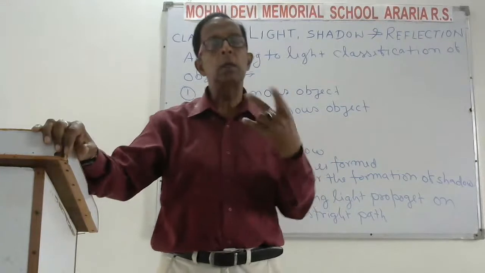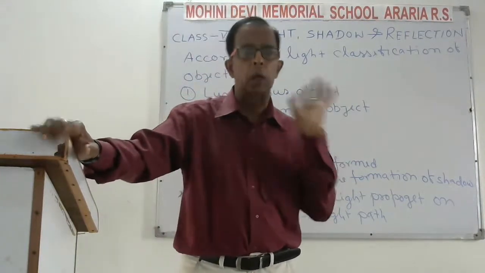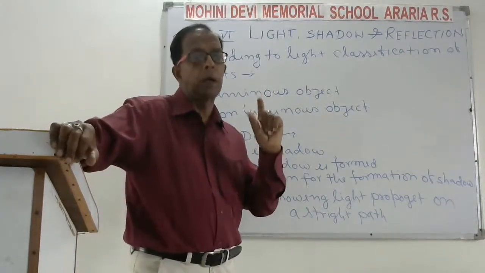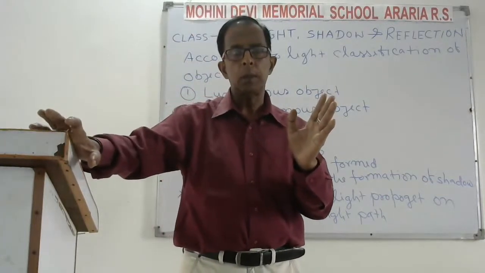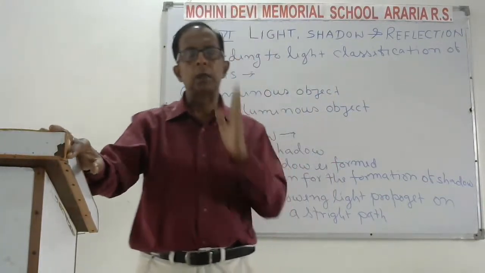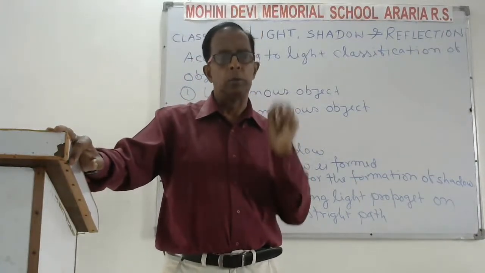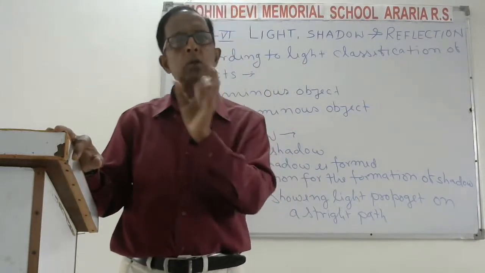Now, another classification of the object according to the light classifies the objects in two categories. That groups are luminous and non-luminous. Which object is called luminous?